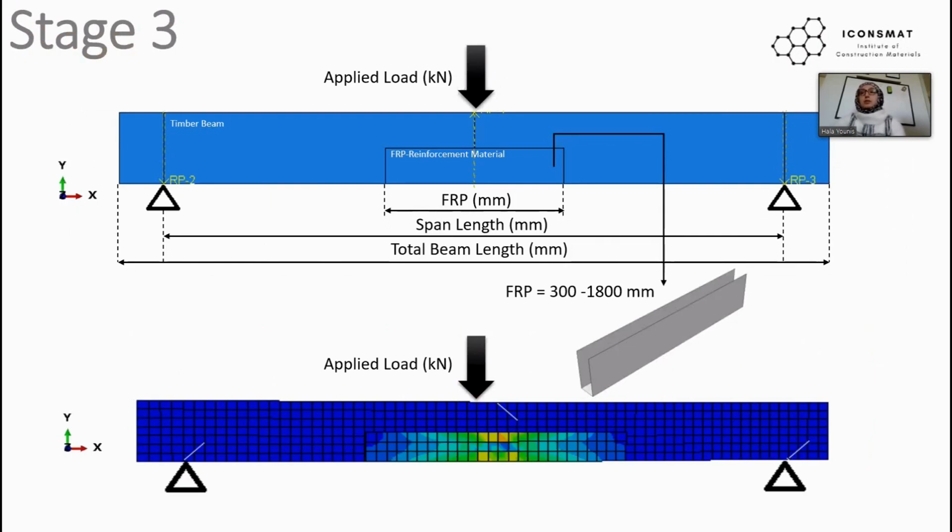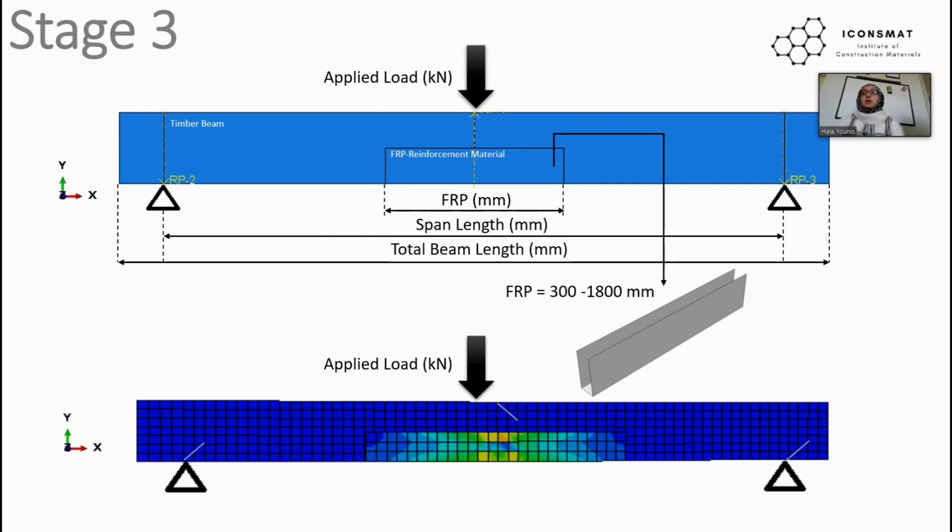After stage 1 and 2, after finding the best reinforcing material and the best implementation method, now I move to stage number 3. In this stage, a computational parametric study was conducted based on stage number 1 and stage number 2 in order to find the best economic solution to reinforce timber members.